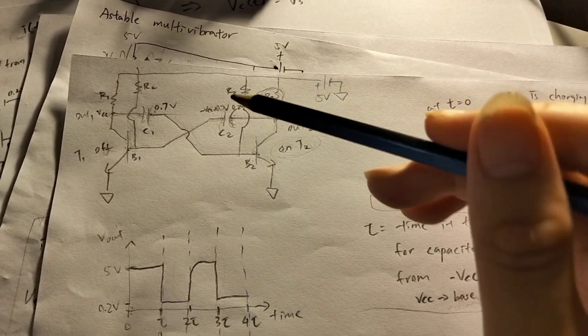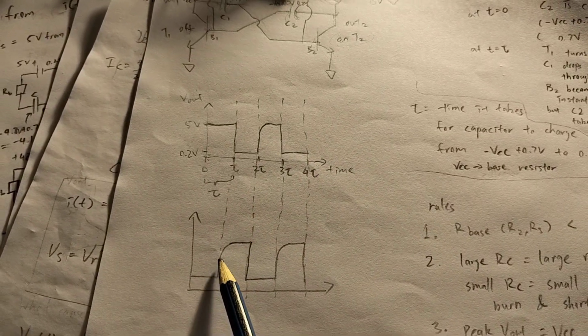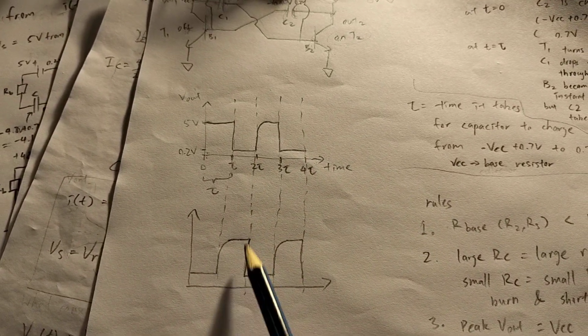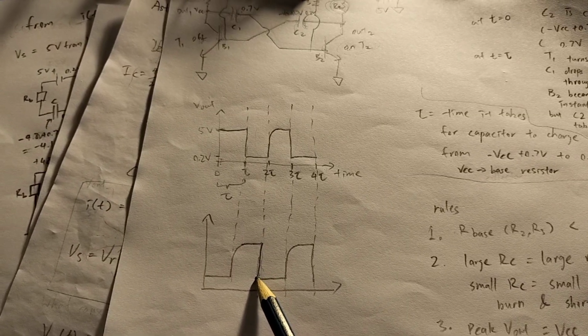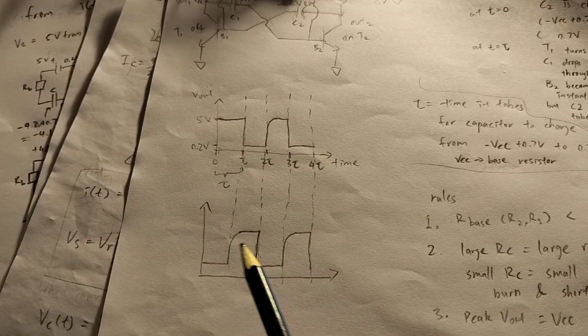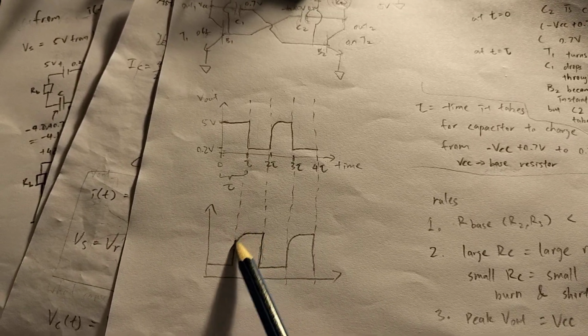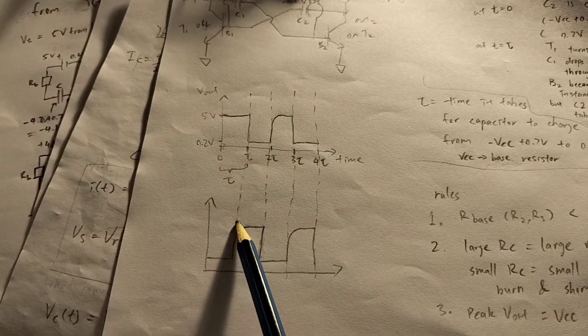So what you see is an instant shutoff of the voltage as the transistor turns on, and a curved edge as the transistor turns off and the voltage sharply increases.